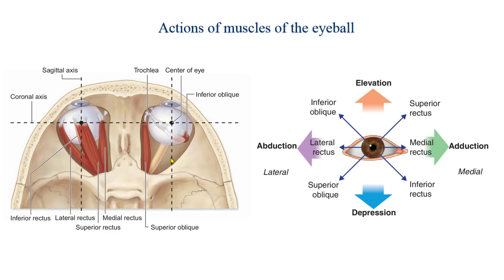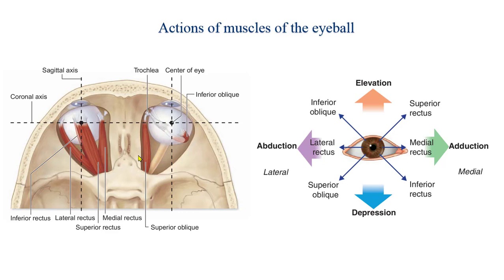Therefore, the pull of some muscles has multiple effects on the movement of the eyeball, whereas that of others has a single effect. So, for each of the rectus muscles, the medial, lateral, inferior and superior, and the superior and inferior obliques, a specific action or group of actions can be described.